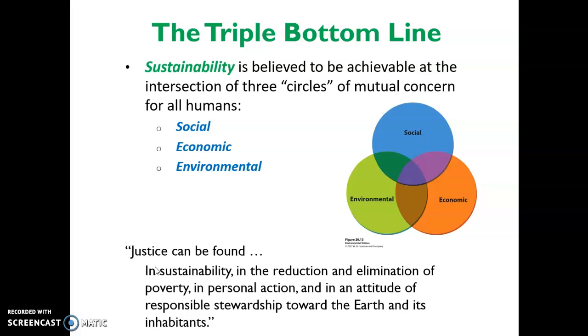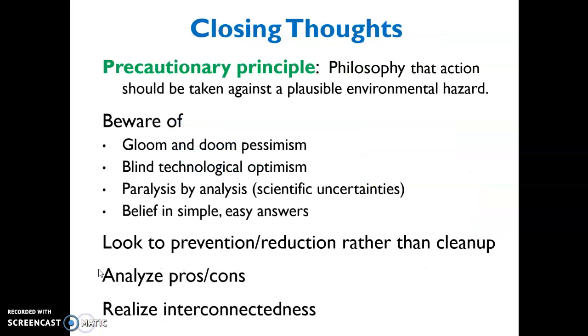So skipping ahead here, we need to look at the triple bottom line. And sustainability is believed to be achievable when the intersection of the three circles of mutual concern for all humans, the social, environmental, and economic, come together as closely as possible. So some closing thoughts here.